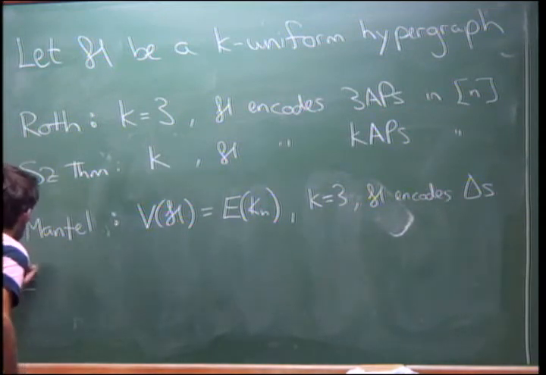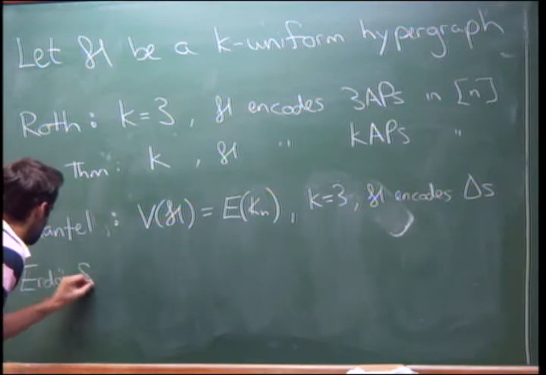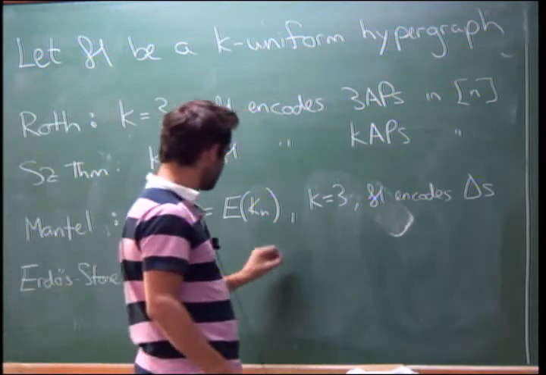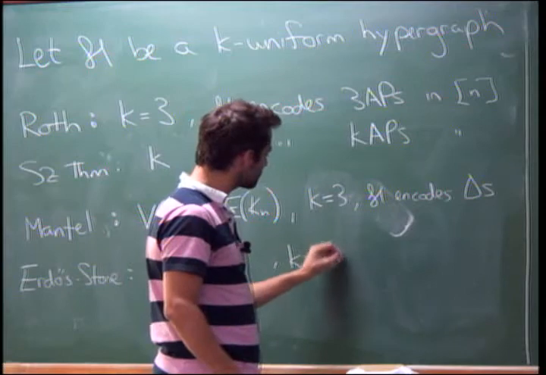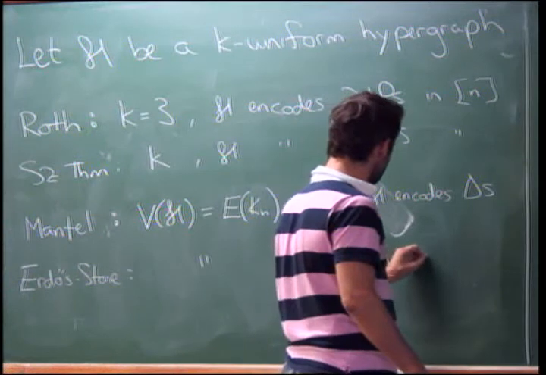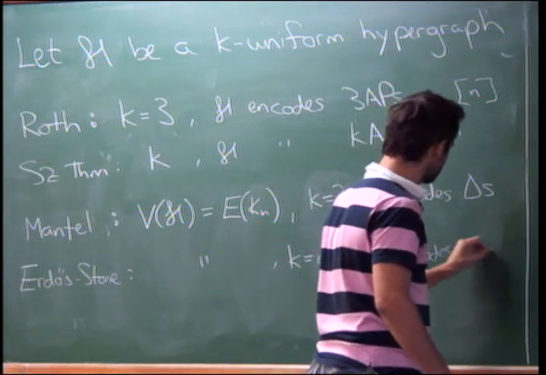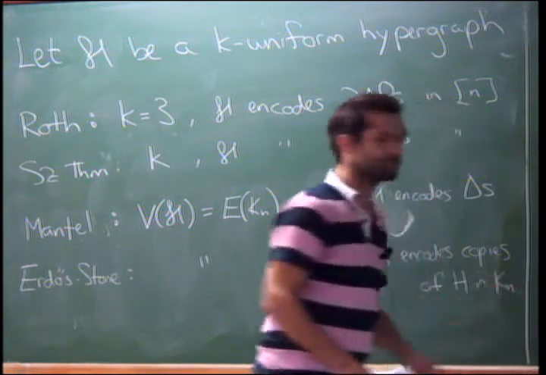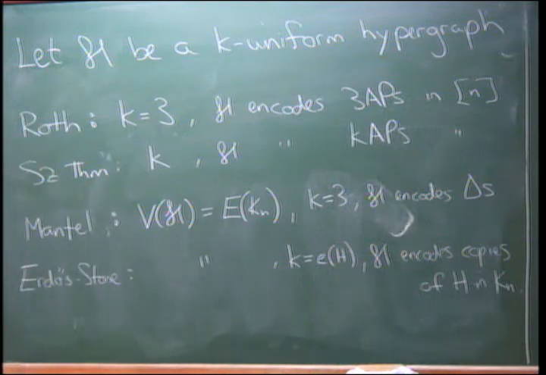This might seem silly until you think about the case in general. So if you're doing Erdős–Stone, then suddenly you can take the same vertex set, k equals the number of edges of our graph H, and the hypergraph encodes copies of H in K_n. If the vertex set of your hypergraph is the edge set of the complete graph, then it's very easy to encode copies of a particular subgraph because you're just looking at the edges.